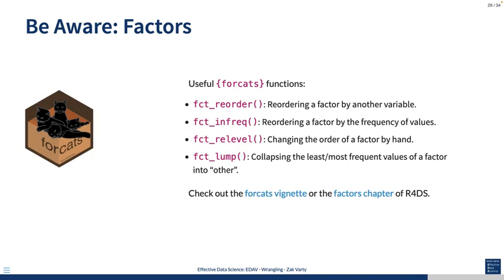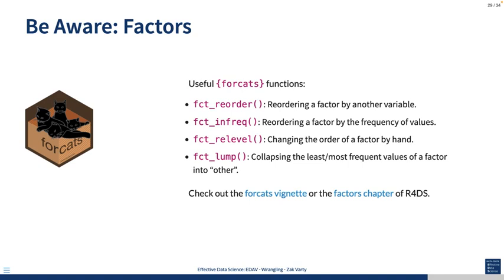As we've seen a little bit already, categorical variables can cause issues when wrangling and presenting data in R. All the problems that you'll face are absolutely solvable using base R techniques, but the forcats package provides tools for the most common of these problems. Some example functions from the package include functions to reorder a factor, either by the value or the frequency of another variable.